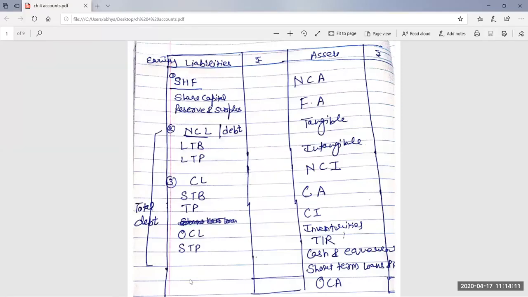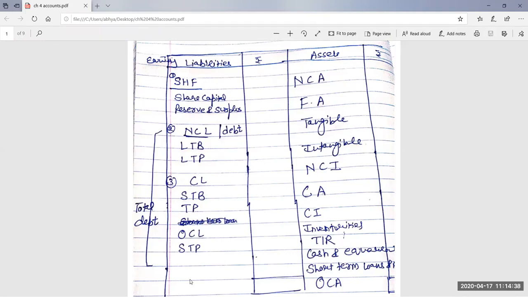So in the balance sheet, on the equity and liability side, 3 major heads are there. Side by side, you can draw this balance sheet as you keep listening, so that you can have it after the class too. Here I have deleted all the non-evaluative topics from the format of the balance sheet.